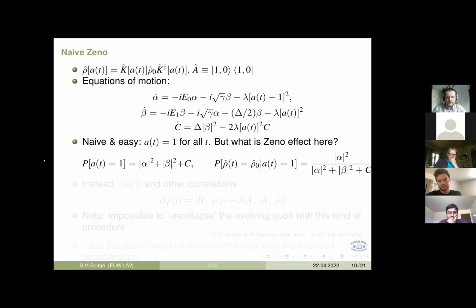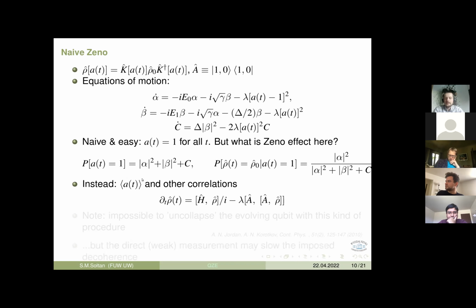So instead of that, I think that a better idea would be to track the expectation value of the measurement, and in fact other correlations, and use this Lindblad-like equation.